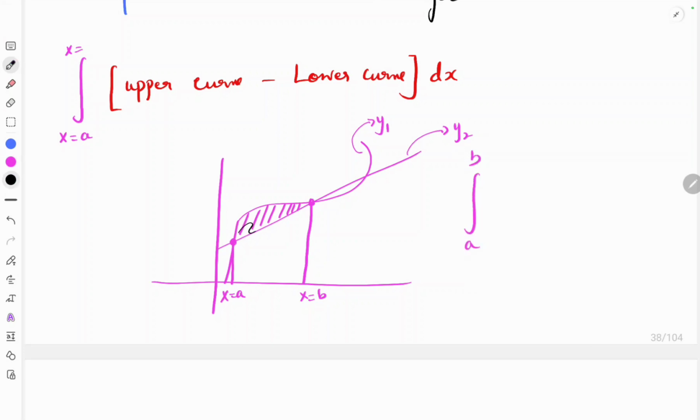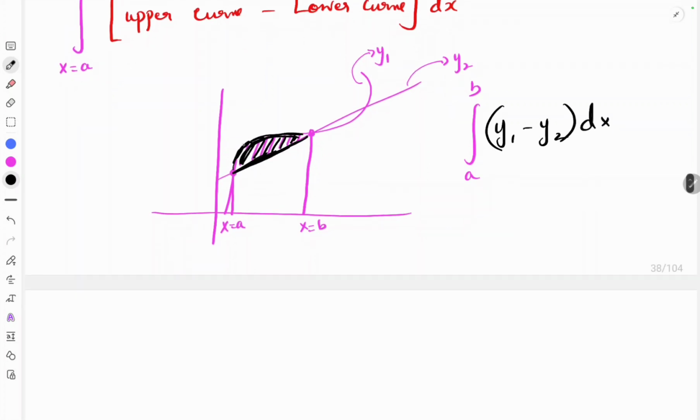What is upper? This is upper, which means y1 I have to write first. Then which was lower? This one is lower, so minus y2. So y1 minus y2 will give the required region, because the y1 part will give this entire area, so I have to delete this area, which means I have to subtract y2 dx.